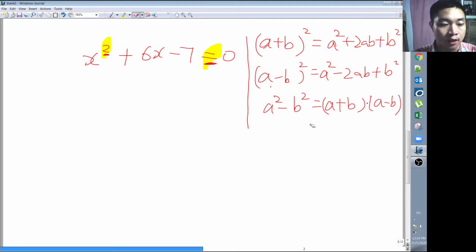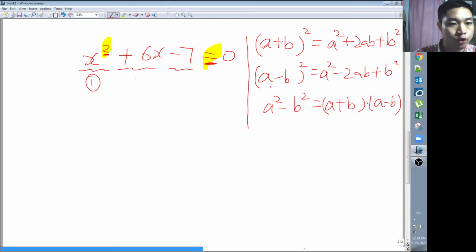For today's completing square method, you need to use one of these three to solve this quadratic equation. To start off, you have three terms here in your quadratic equation: this is your first term, second term, and your third term. I hope you realize that your third term here is a constant term.